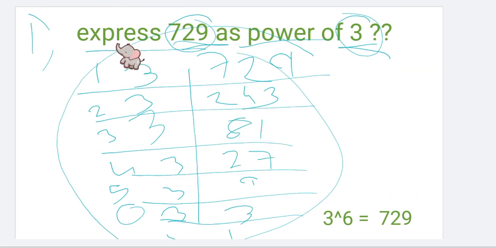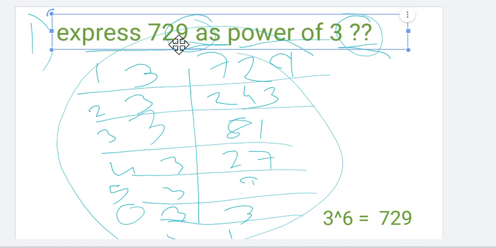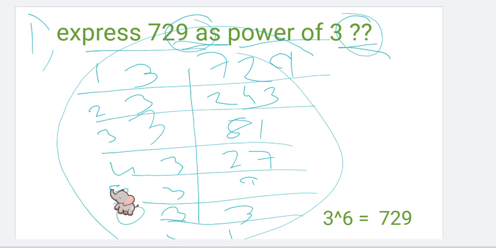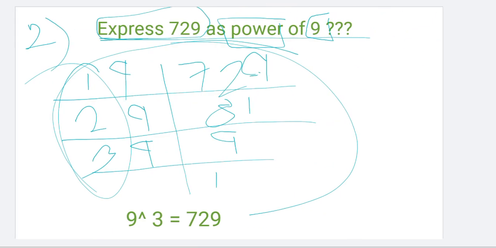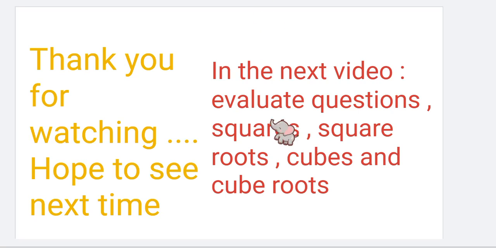Then we also learned how to solve express questions like express 729 as power of 3. We learned how to do prime factorization of them and how to write the exponent sign on laptops. Then we did some practice questions on that, and then we got to know what we'll be doing in the next video.